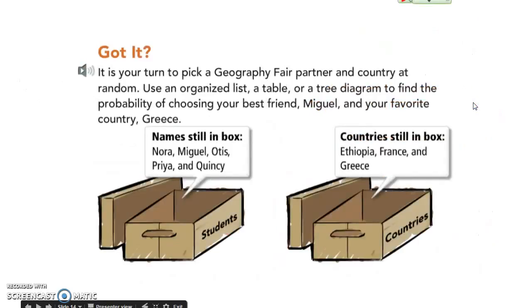Alright, it is your turn to pick a geography fair partner in country at random.